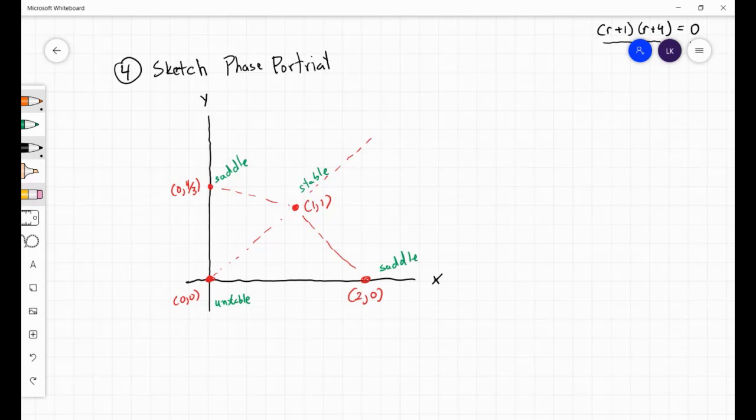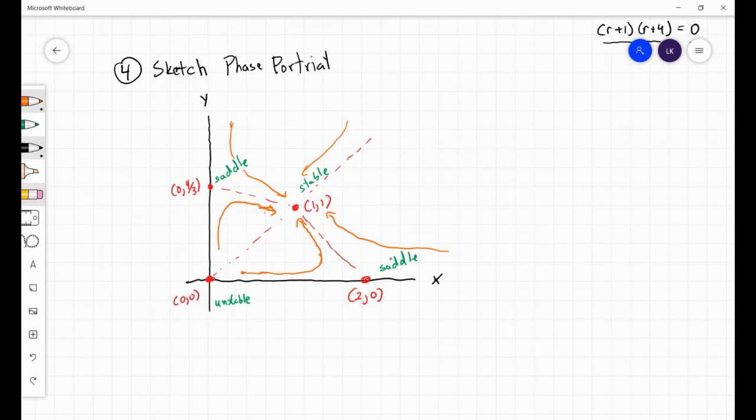So if we had a trajectory of some sort, let's say if we start over here, it would move away from the unstable node at the origin and then fly by the saddle and go towards the stable equilibrium at 1, 1. Likewise, starting over here somewhere, we would have a trajectory going towards the stable node.